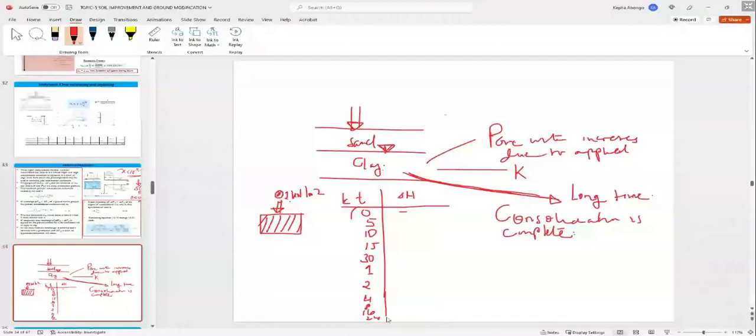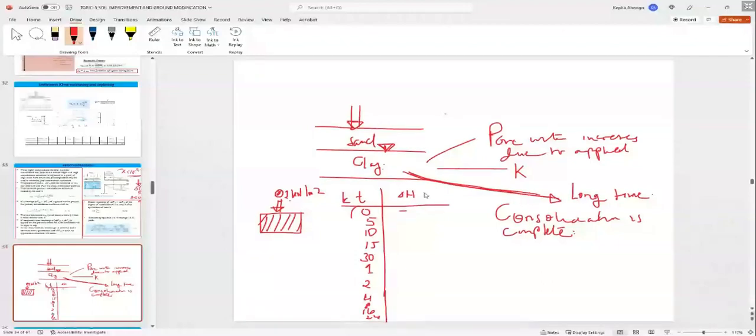You have change in height of that sample. At 24 hours, it's assumed that there will be no change in height. It will now be constant.